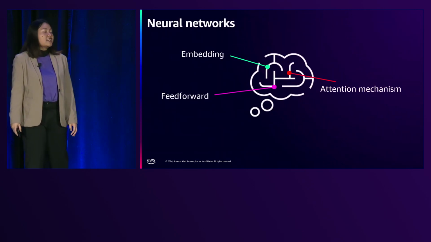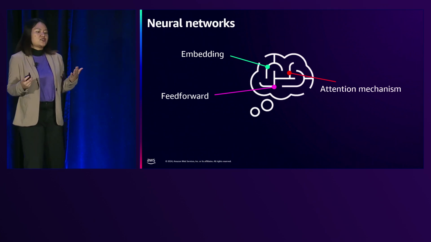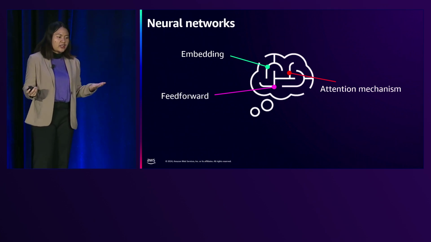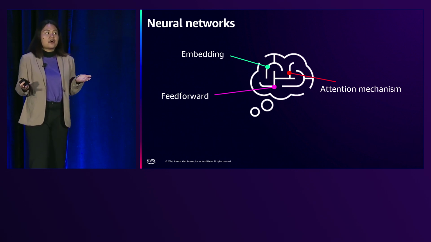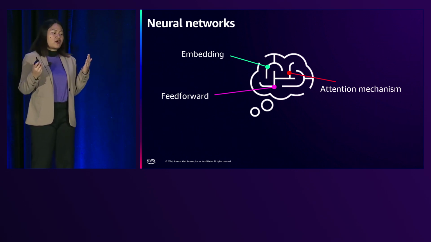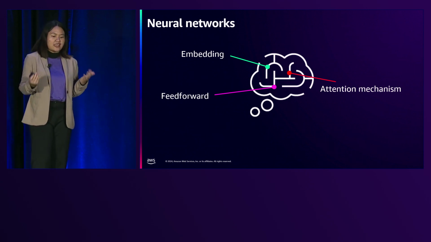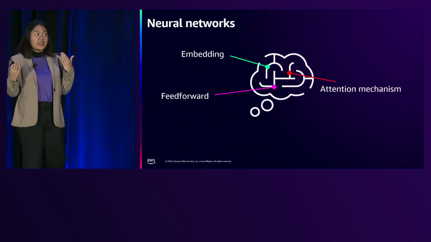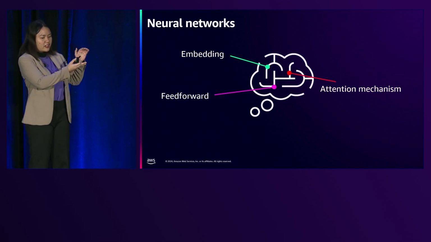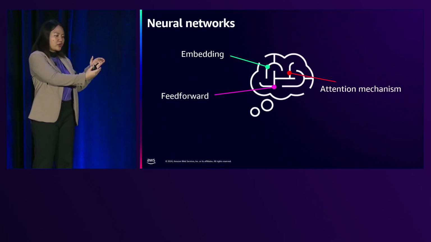And if we take a look together, with the foundational model, you use a neural network to identify the word or the content. Inside of your neural network, the first one is the embedding layer. The embedding layer would be the first layer that converts your text into a number.